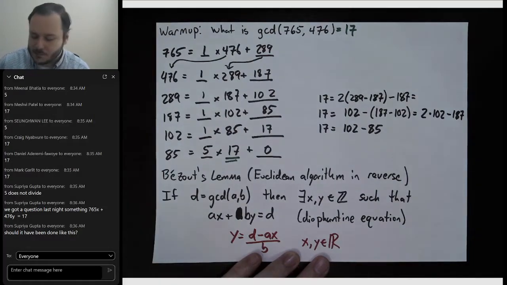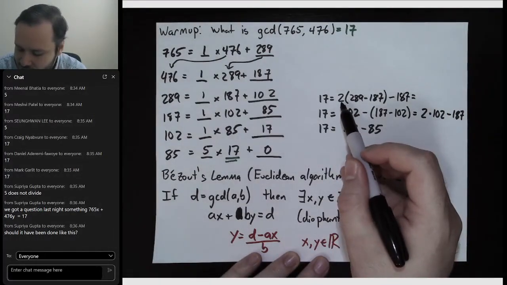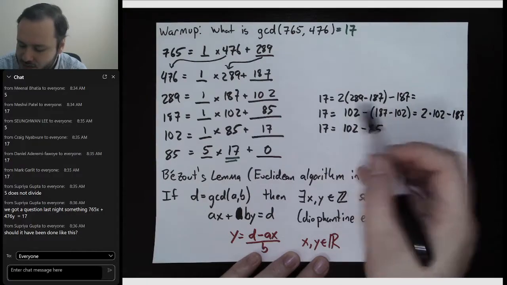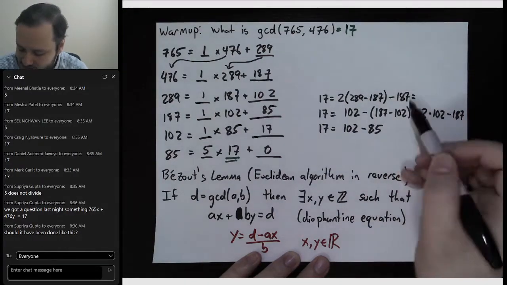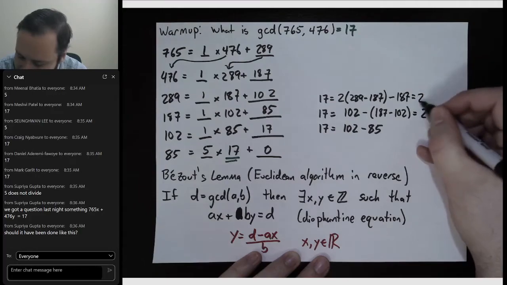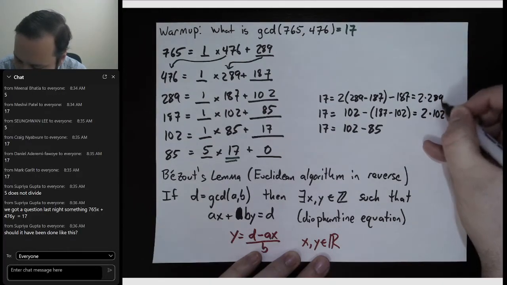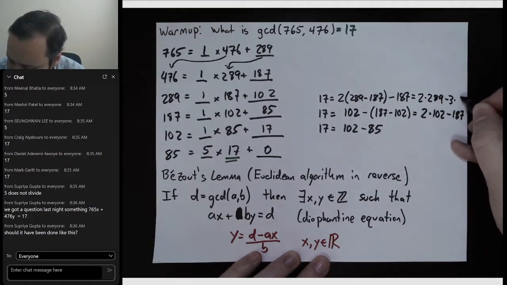And again, I can combine some like terms. I have minus 2 times 187, minus an additional 187, gives me 2 times 289 minus 3 times 187.